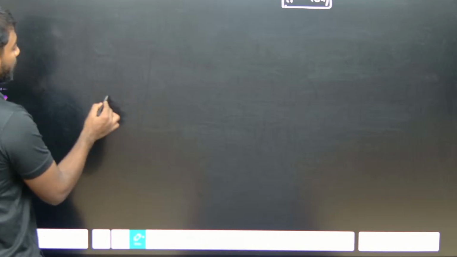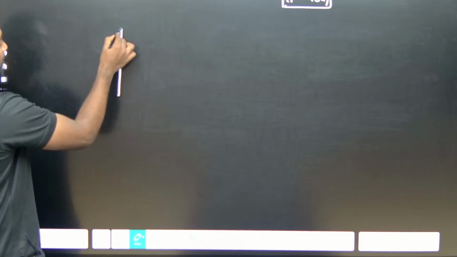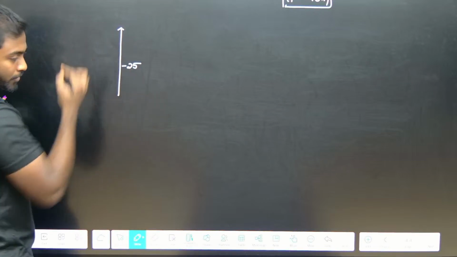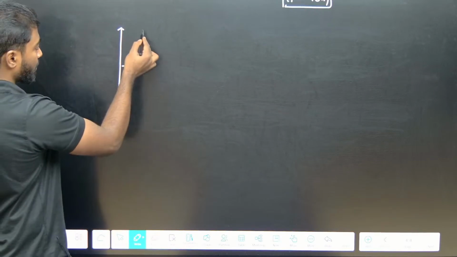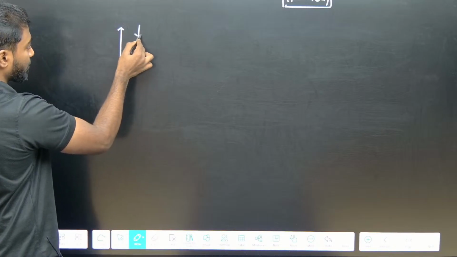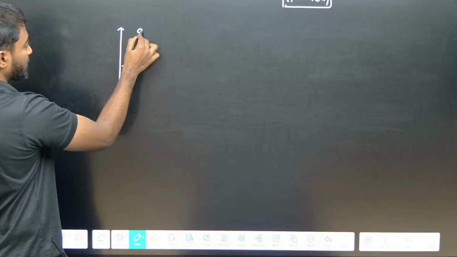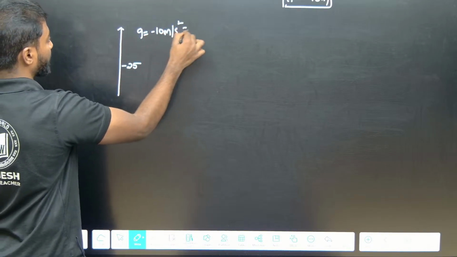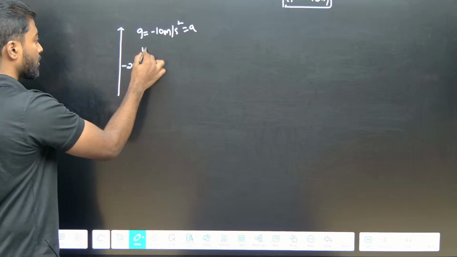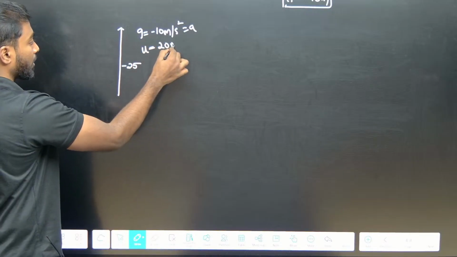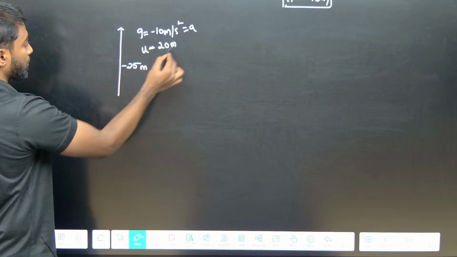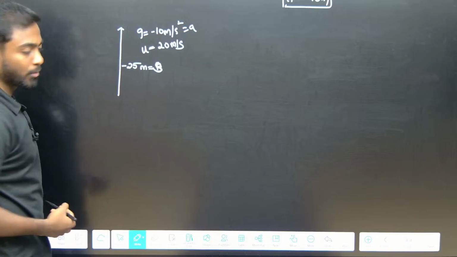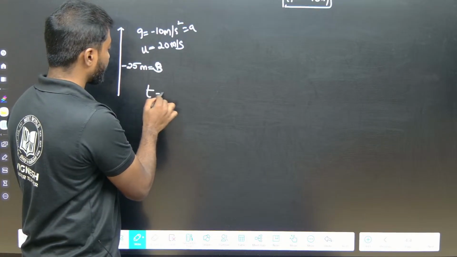From the ground level, the height is 25, so the displacement is minus 25. I am throwing the ball against gravity, so g will be minus 10 meter per second square, which is the acceleration. The velocity is 20 meter per second. This is h, or displacement s. Now I need to find the time.